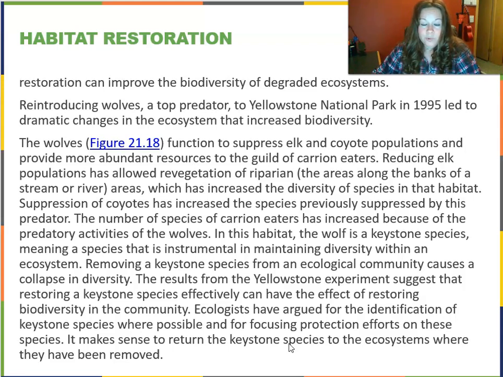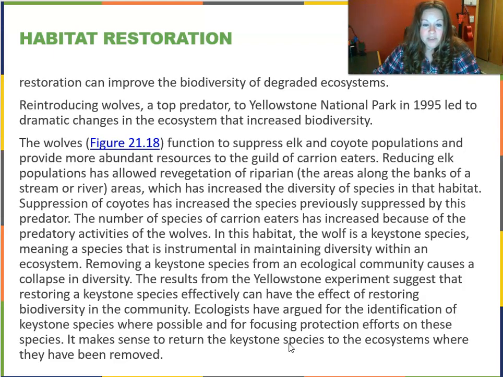Reintroducing wolves, a top predator, to Yellowstone National Park occurred in 1995 and led to dramatic changes in the ecosystem that increased biodiversity. The wolves, check their picture out in the next slide, function to suppress elk and coyote populations and provide more abundant resources to the guild of carrion eaters.